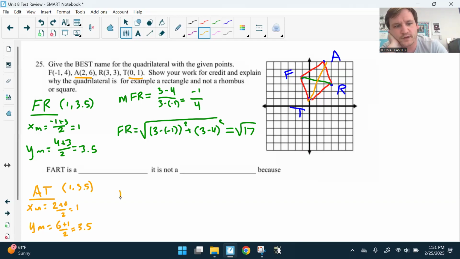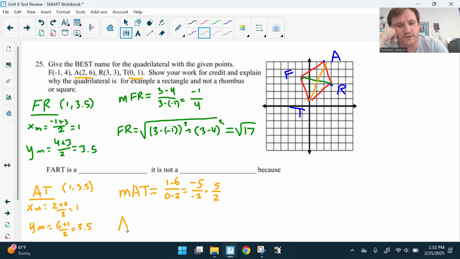Again, the slope of AT, same idea. y is on top, x is on the bottom. 1 minus 6 over 0 minus 2. That's going to give us negative 5 over negative 2, which is positive 5 halves. So there's your slope of AT.